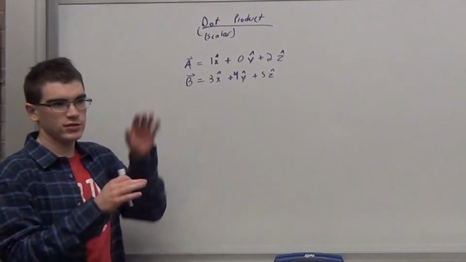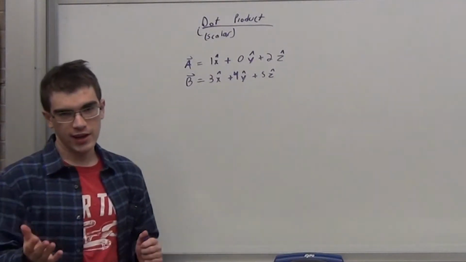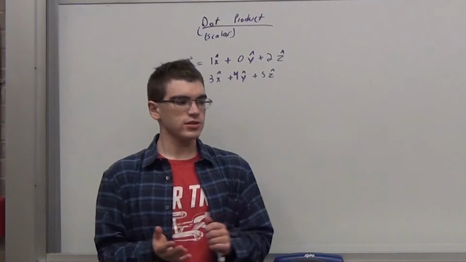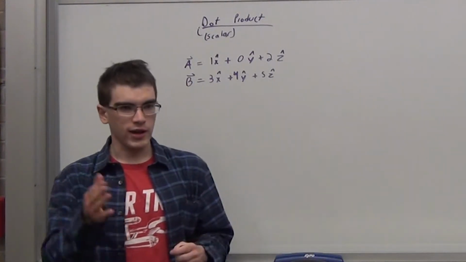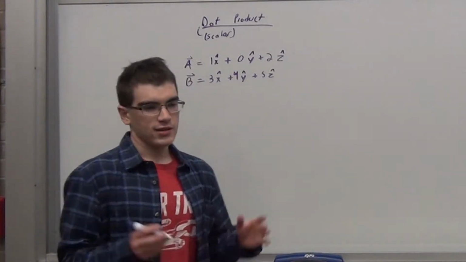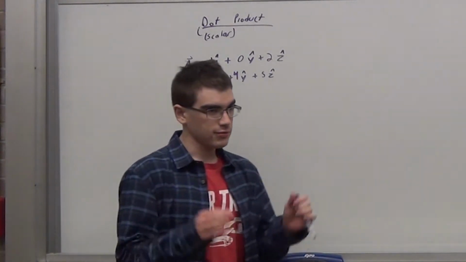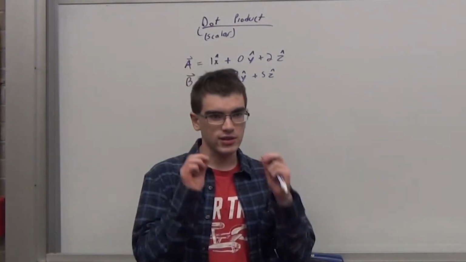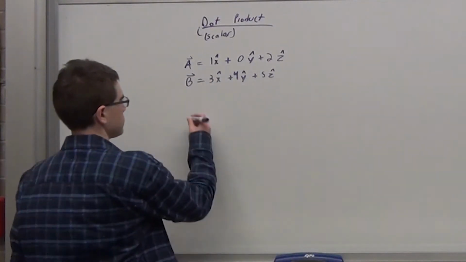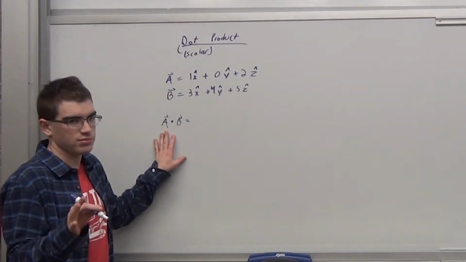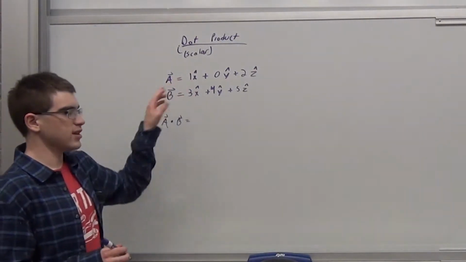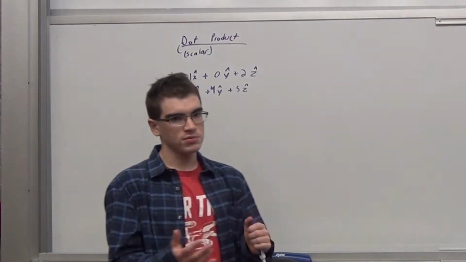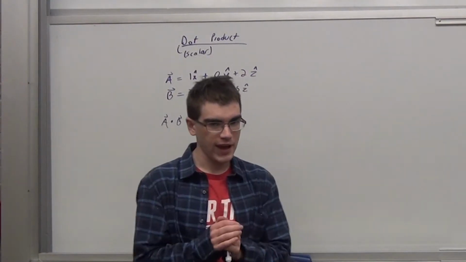So, let's first consider two 3D vectors. We have vector A, 1 x hat plus 0 y hat plus 2 z hat, and vector B, 3 x hat plus 4 y hat plus 5 z hat. So now let's look at what happens when I do a dot product A dot B. The procedure for dot product is to take the like components, so the components in the same direction, and multiply those corresponding magnitudes together.